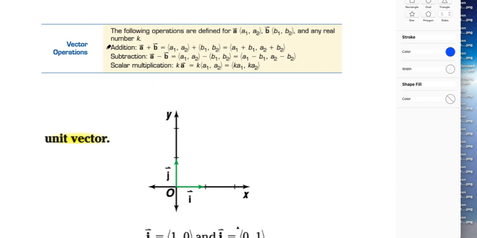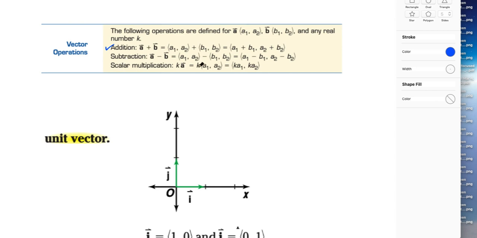Here are the things we get to do. We can do addition. If we are adding vectors, we add the same components of their ordered pairs. So a sub 1 plus b sub 1, comma, a sub 2 plus b sub 2 would be the new vector, the sum of these two vectors together.